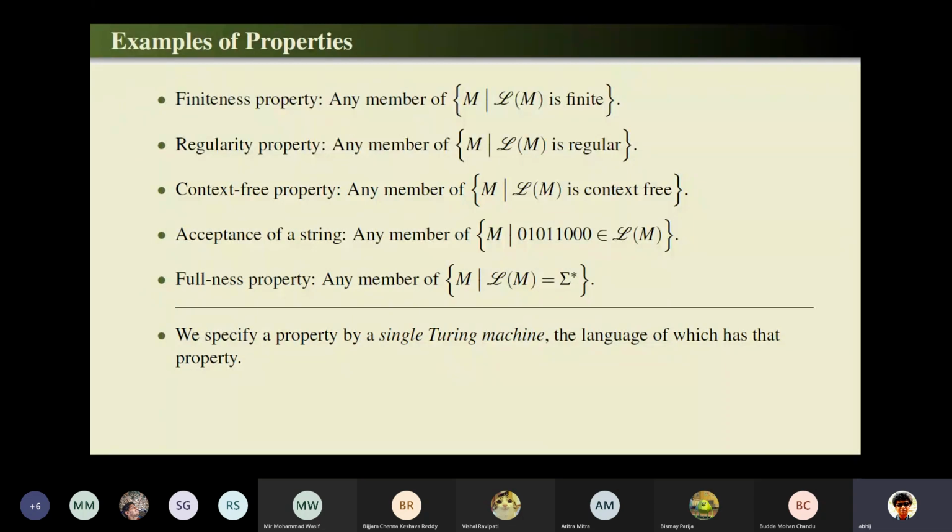In that sense, that representative Turing machine is good enough because it is arbitrarily chosen from the set of Turing machines whose languages have this property. So, in that sense, properties are properties of RE sets, not Turing machines.